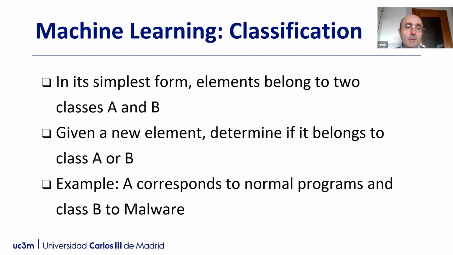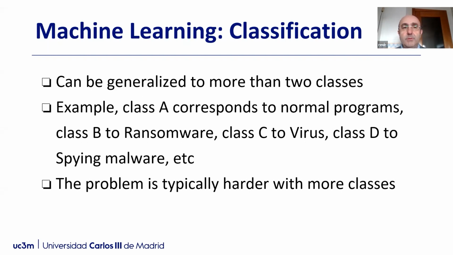You have many examples of this. This can be generalized to more than two classes, right? So, for example, class A are normal programs, class B is ransomware, class C is virus, class D is spying malware. So it can be two-class or multi-class classification. As you get to have more classes, the problem is typically harder.